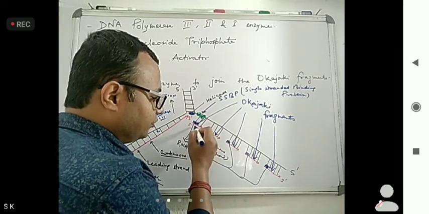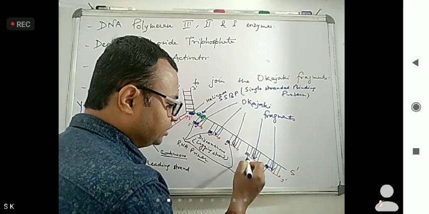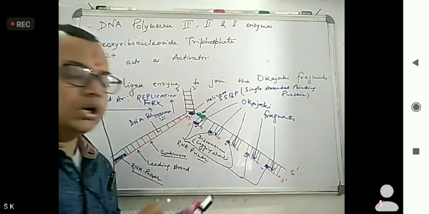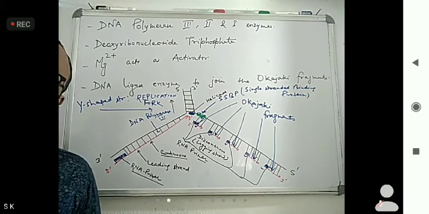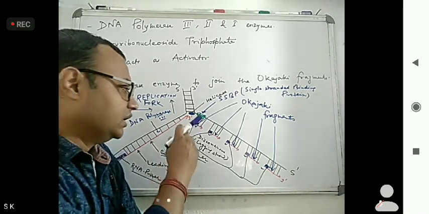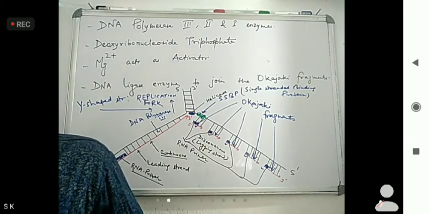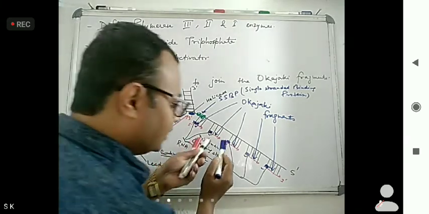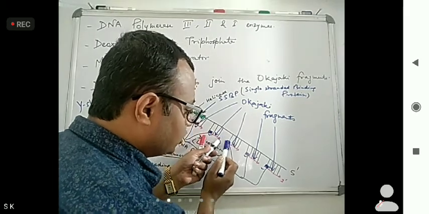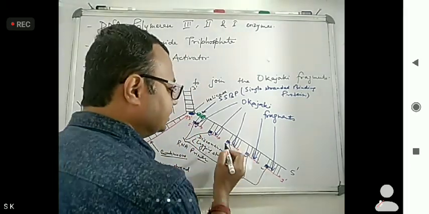So when the RNA primer forms and helps DNA replication, what enzyme is used? DNA polymerase III.